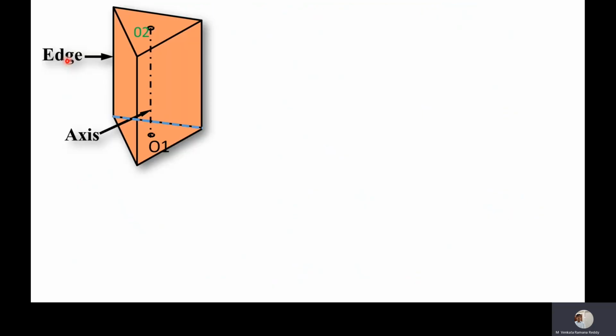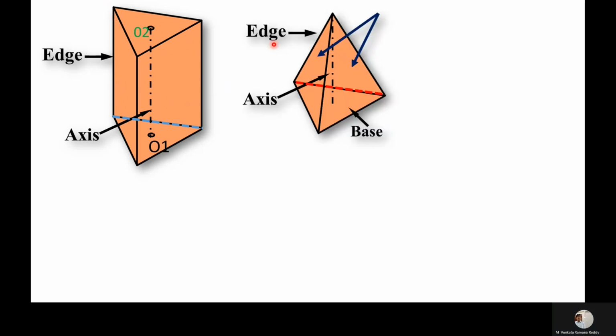So here for this prism, this is the edge. Edge separates the faces of a prism, and O1 O2 is the axis. Even in the case of a pyramid, this triangular face is there, no?